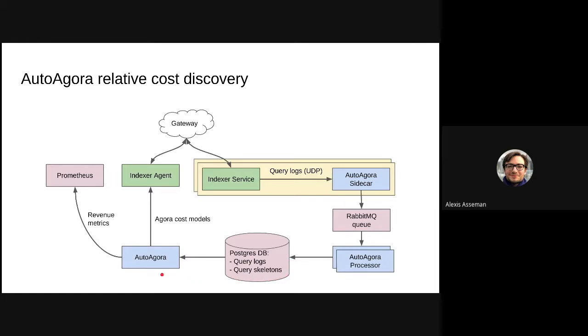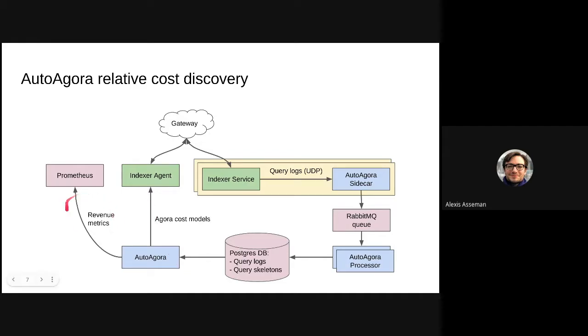Then we have the main AutoAgora component that will use the data from the Postgres DB to determine which query shapes should be used for building the Agora model for particular subgraphs, and what price should be set on those.